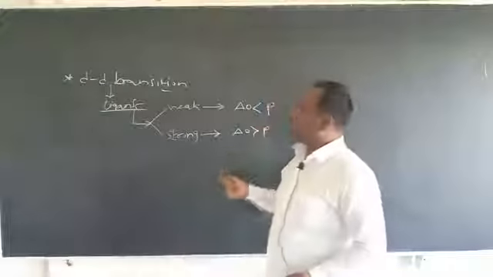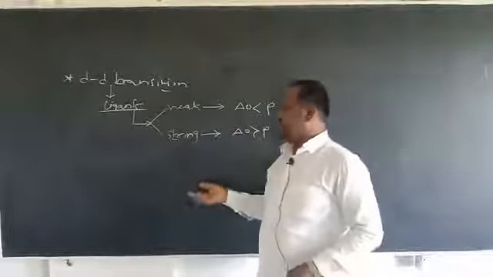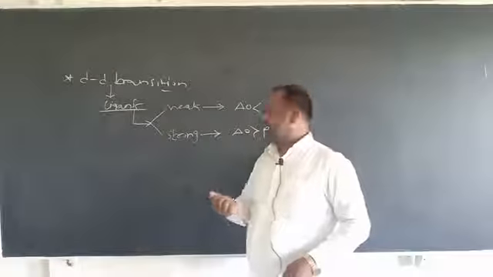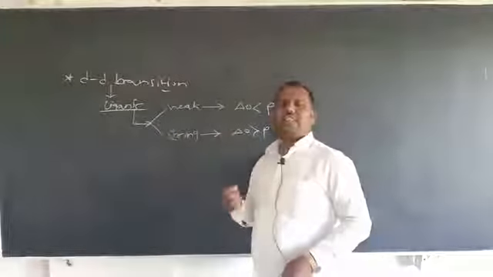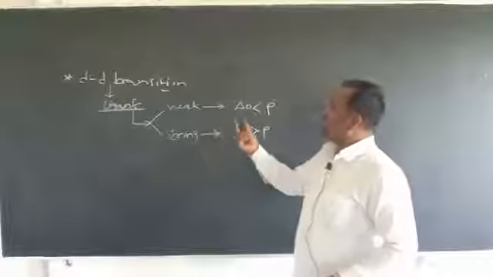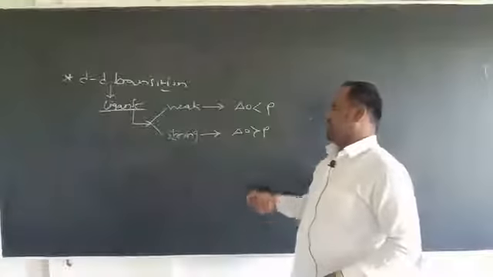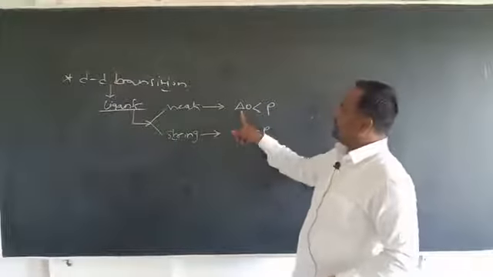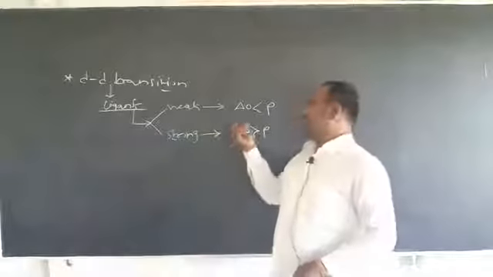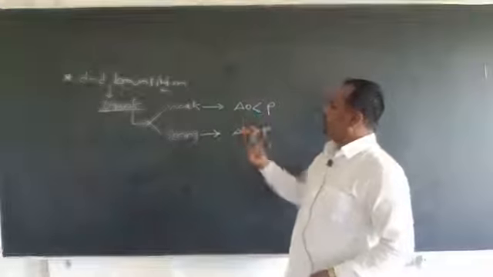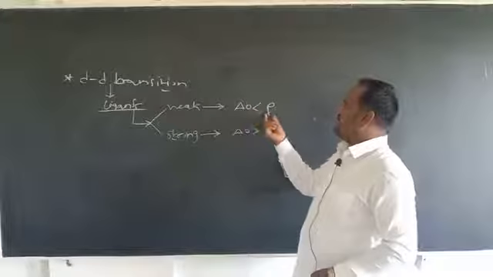The field of a ligand is different according to the spectrochemical series. Some ligands are considered weak field ligands, some are considered strong field ligands. In a weak field ligand, the splitting, delta octahedral, which is the crystal field splitting parameter, is less than the pairing energy.